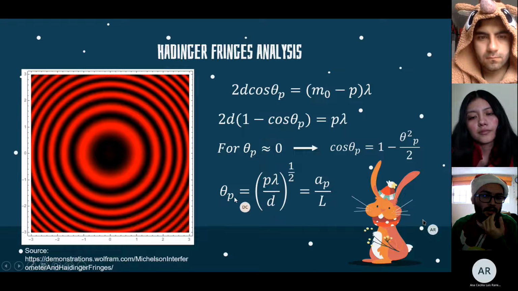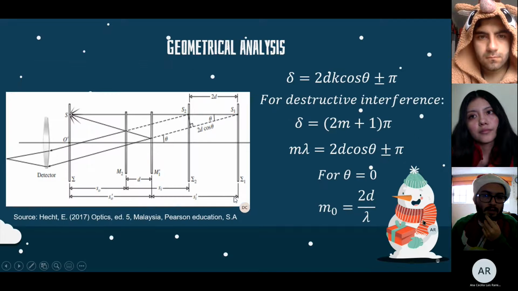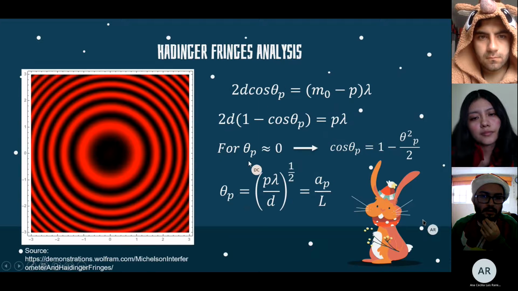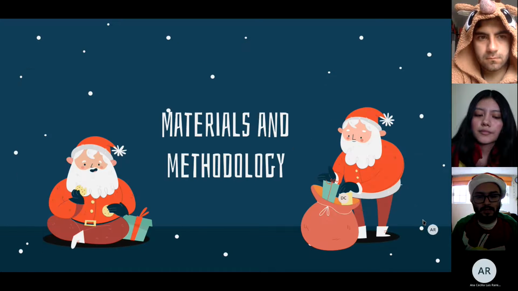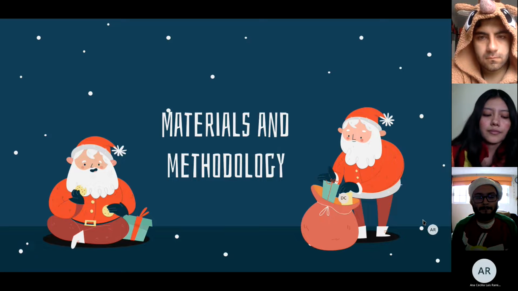However, notice that theta p, as defined in this triangle over here, we can think of as this triangle over here. So then we can think of it as a sine where the opposite side is the distance from the central maximum to any given dark fringe, and L is going to be the distance from the beam splitter to the viewing screen.